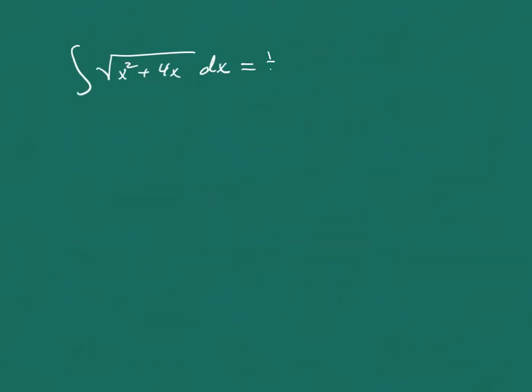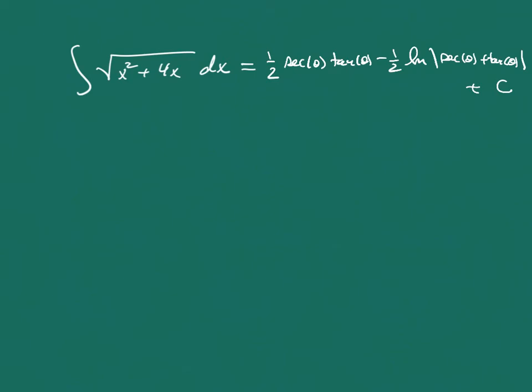So we had a 1/2 secant of theta tangent of theta minus a 1/2 natural log of secant of theta plus tangent.